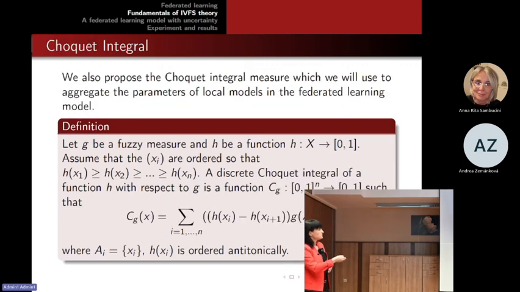And the Choquet integral is based on the same elements, but of course instead of maximum and minimum we have sum and difference, which we see here.